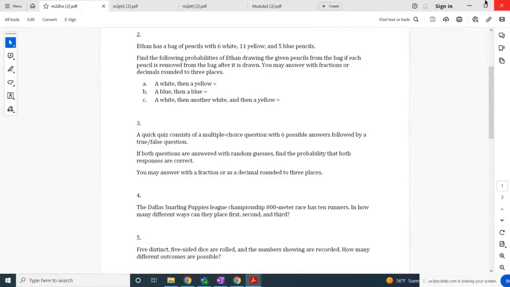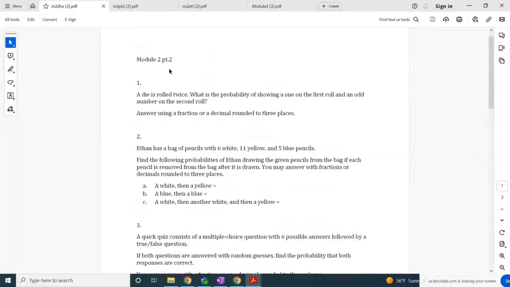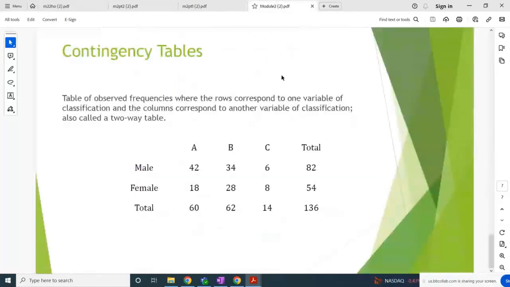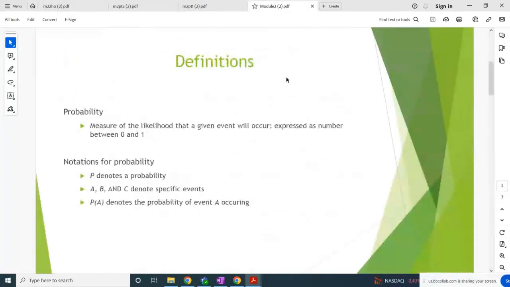And then we'll look at the second part of Module 2. What I have on the screen is from Module 2, Part 2. There are some questions on Part 1 that are actually Part 2. Just to revisit what we talked about in the last class, we talked about probability, which is between 0 and 1, where 0 as a percent is 0% and 1 as a percent is 100%.